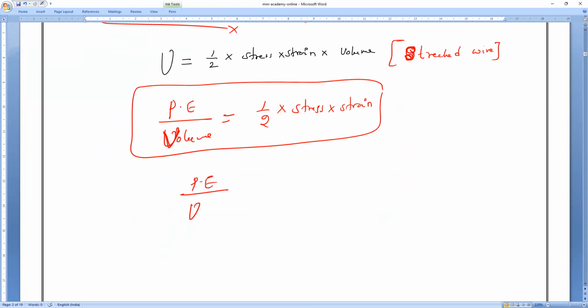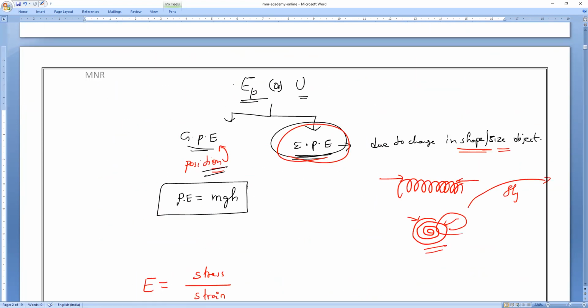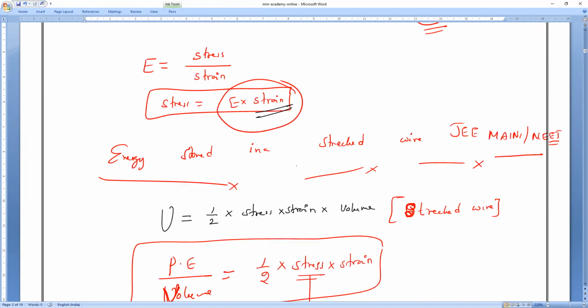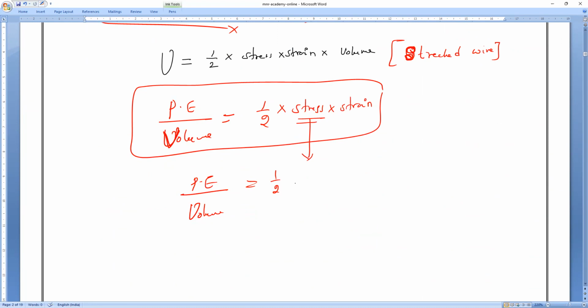Potential energy per unit volume is equal to, volume comes to this side, so what remains is 1/2 into stress into strain. That is another formula. Now in place of stress, what else can I write? Modulus of elasticity, E into strain. Any problem? You can ask me. And again this strain is there. So potential energy per unit volume is half into E into strain squared.